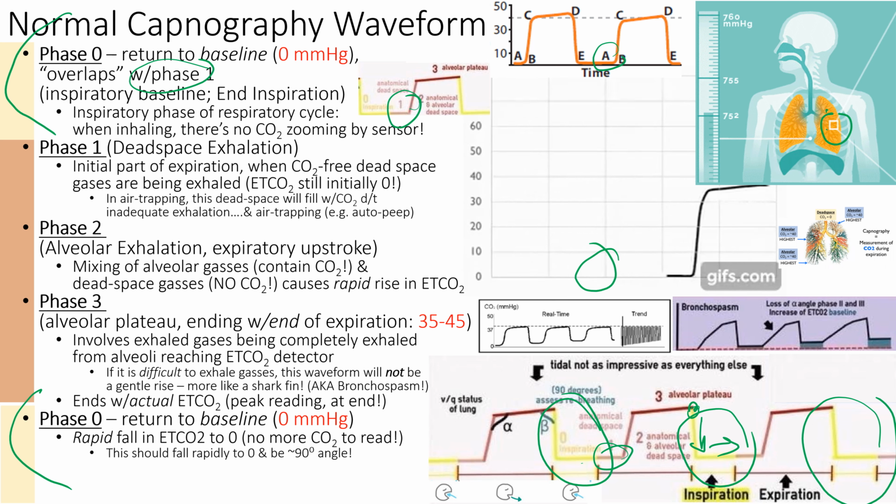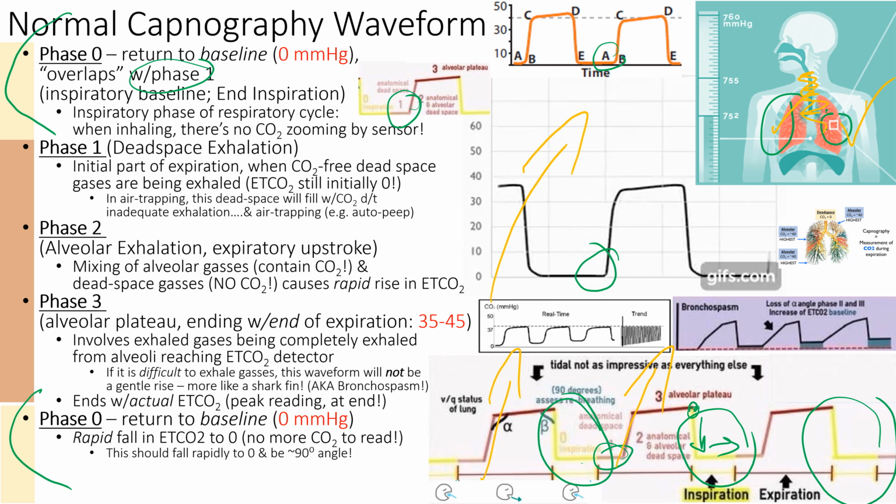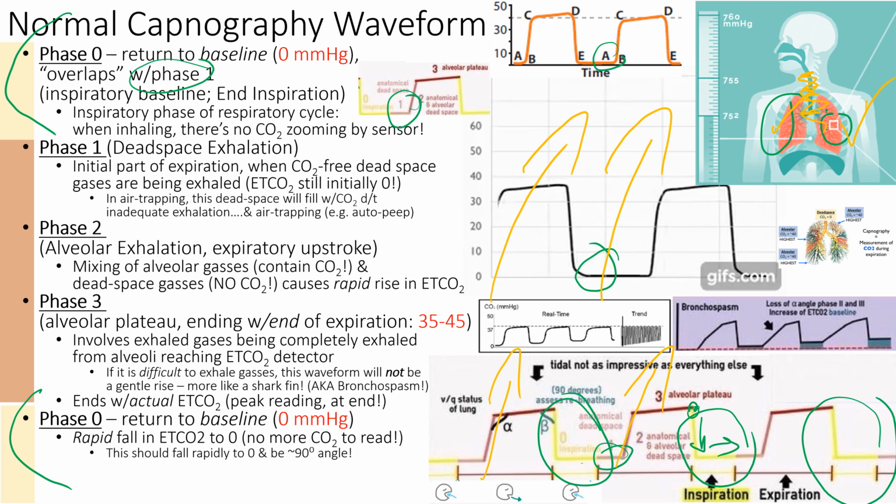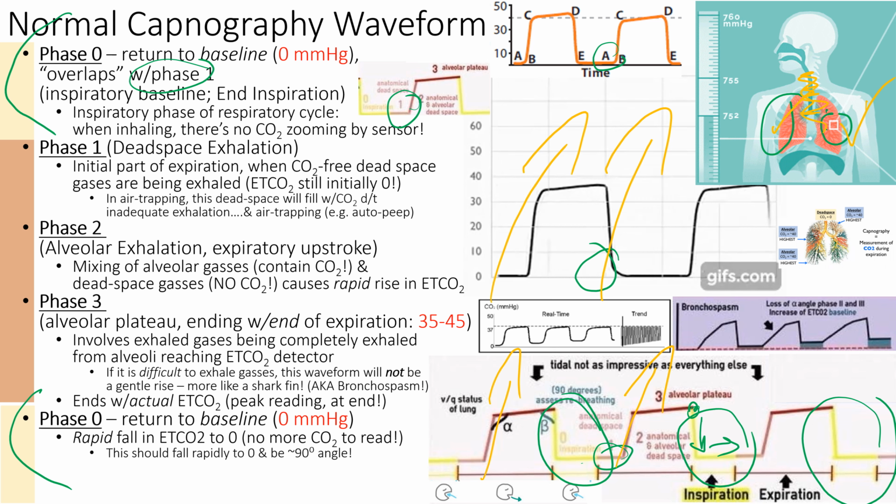All the CO2 out here is ready to come in. First, it displaces the air right here, which has no CO2, but there is CO2 out in the periphery. And all that CO2 is going to be exhaled, and it's going to be a dramatic rise. See how the slope is very, very dramatic? It's almost upright, like half dome. All the way right up, okay? And that's our phase one.